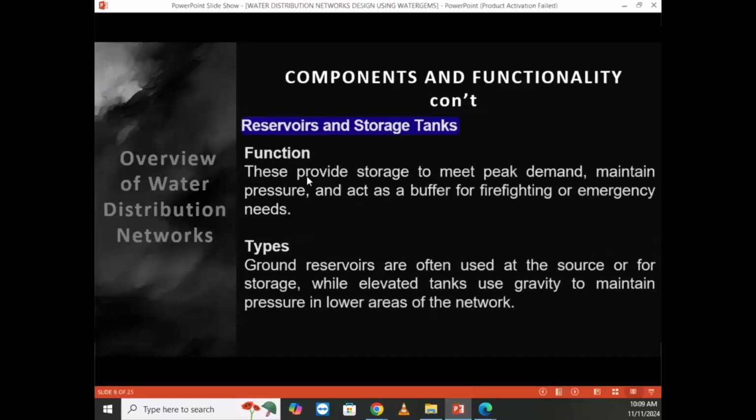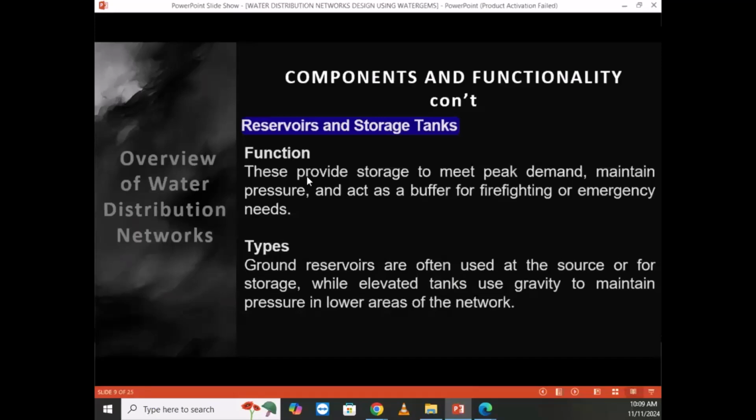While you are designing your network, you have to analyze in your GIS or at the site where you can locate your reservoir and your storage tank. It's better to locate them at the top level of the area that you want to supply, and then you distribute your water.